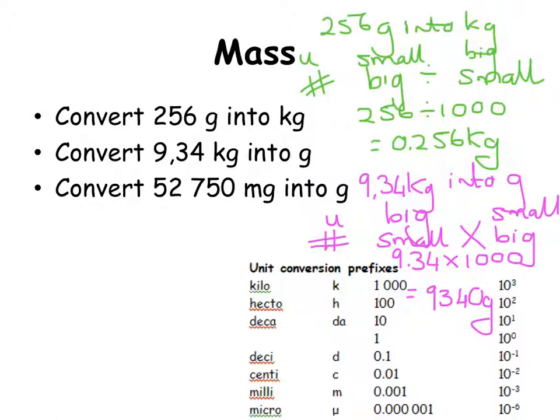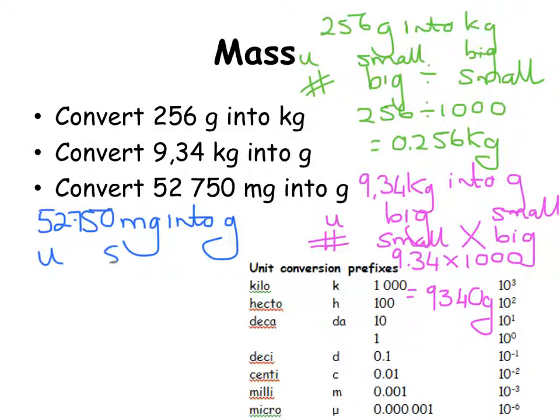The last one, I've got milligrams into grams. With milli, I need to take a look that it is 1,000th of a gram. So let's first write all of this down. 52750 milligrams into grams is going to be the unit. 1 milligram is small when I compare it to 1 gram, which is big. As you can see, milli is much smaller than no prefix at all.